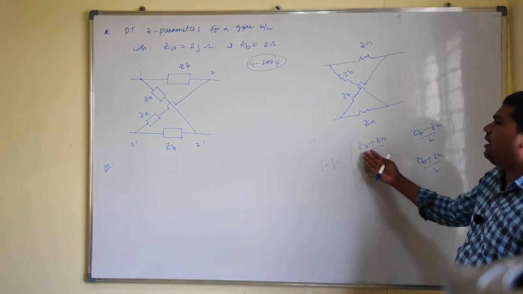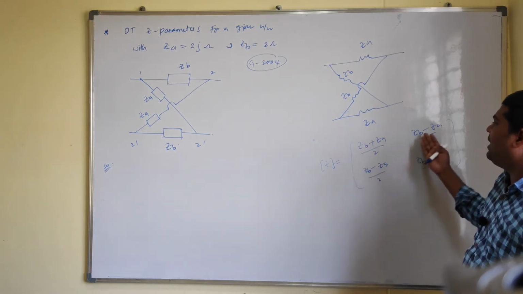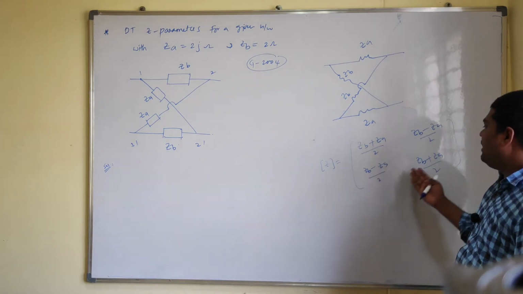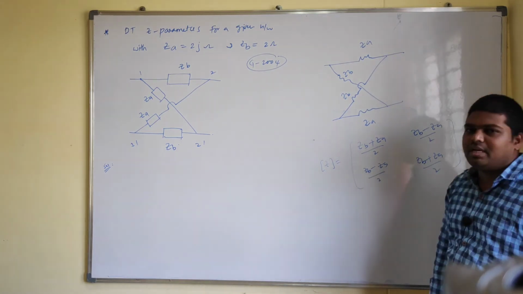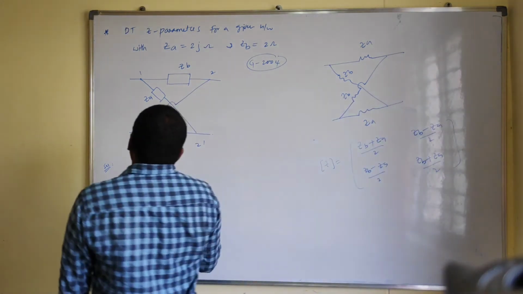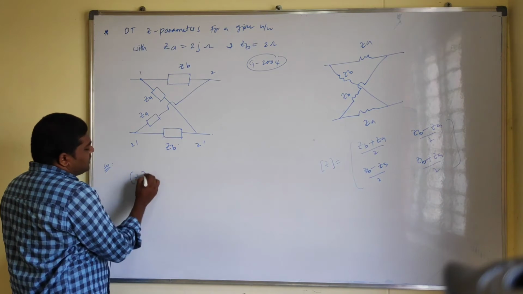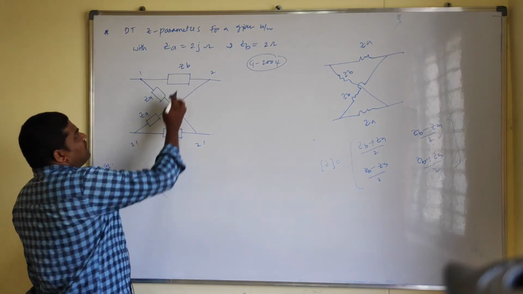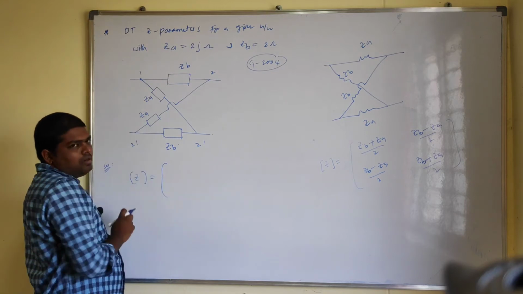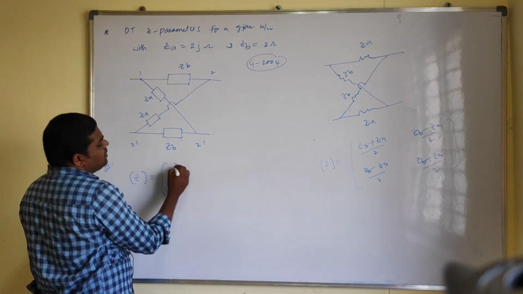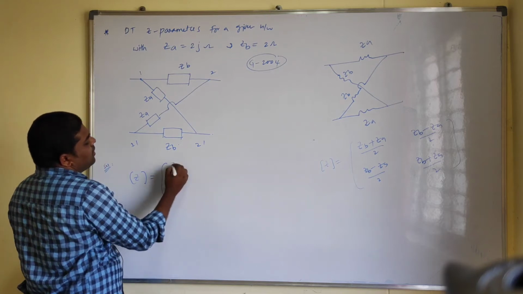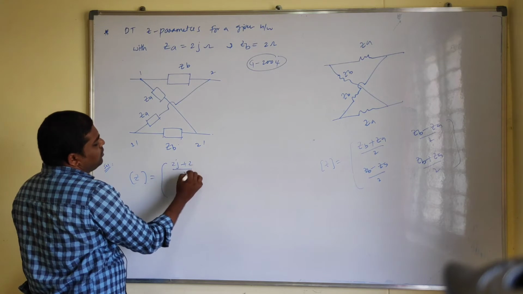Here we have (ZA plus ZB) by 2 and here (ZA minus ZB) by 2, here (ZA minus ZB) by 2 and here also (ZA plus ZB) by 2. So if you calculate Z parameters, (ZA plus ZB) by 2 equals (2j plus 2) by 2.